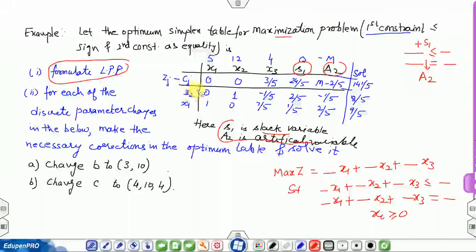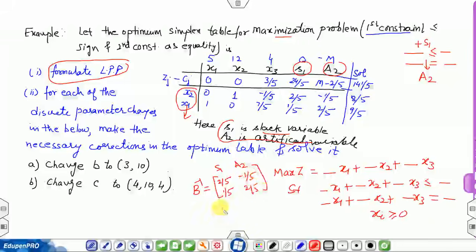Okay, so what is that? This forms my B. So what is the B inverse? Here the column corresponding to S1 is the first column and A2 the second column. So what is S1 and this is A2? What is the B inverse? 2 by 5, 1 by 5, minus 1 by 5 and 2 by 5.